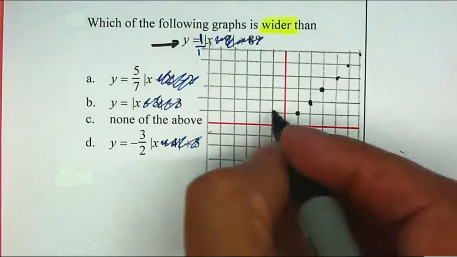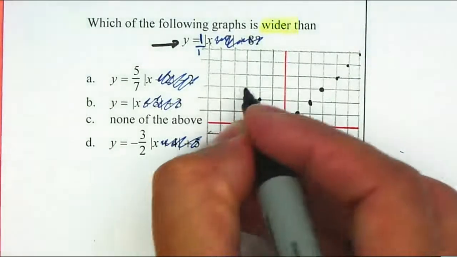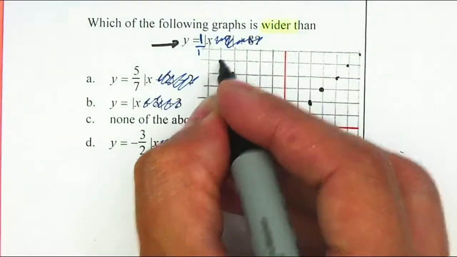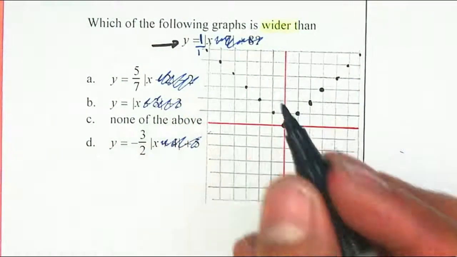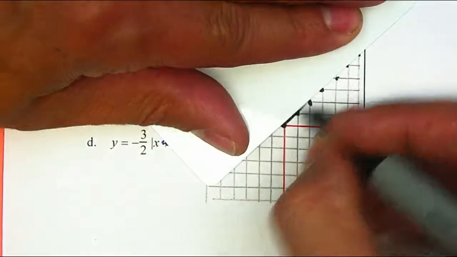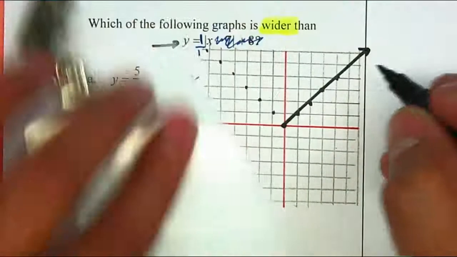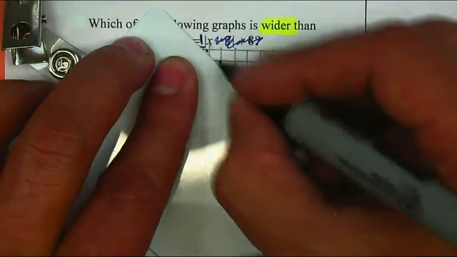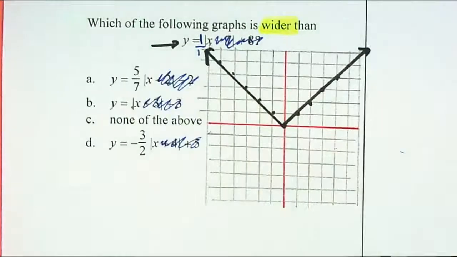And I'm going to do the same thing on the left hand side. Remember, whenever you see an absolute value, that means that it's going to be a v. And we learned in class why that is the case. You can always refer back to the video that I posted to check why it is a v.